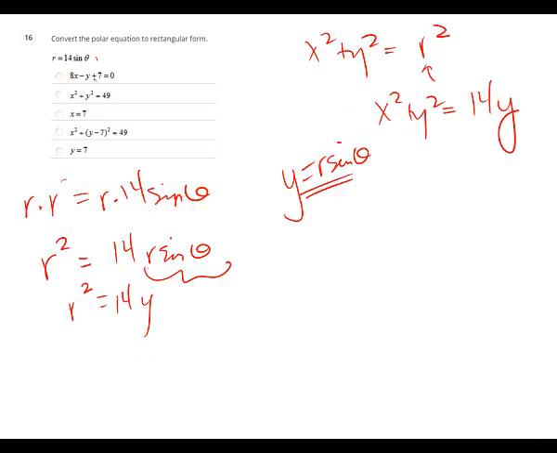But we could probably get it into... Oh, looks like they completed the square. No, that's what they did on that one. I can't divide by y. I'm trying to get one of those rectangular forms. Maybe I have a typo in the answers. Because if I moved that over, I don't think there's any way that we're going to get... Oh, it's probably this one. Is it D? Somebody check for me.